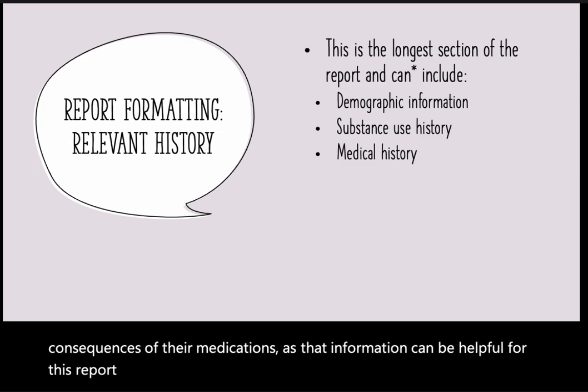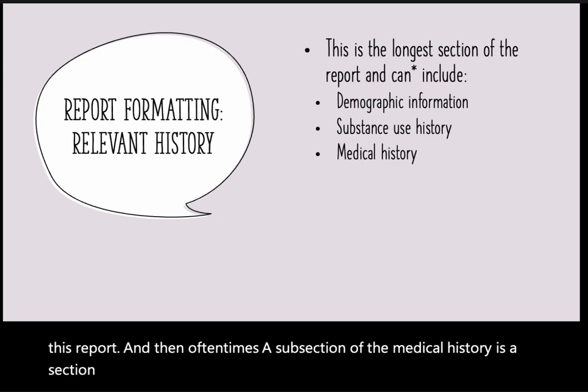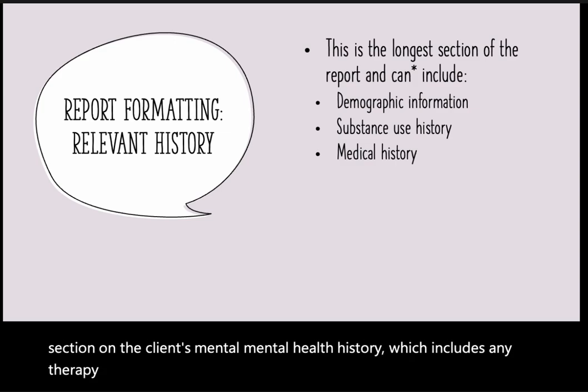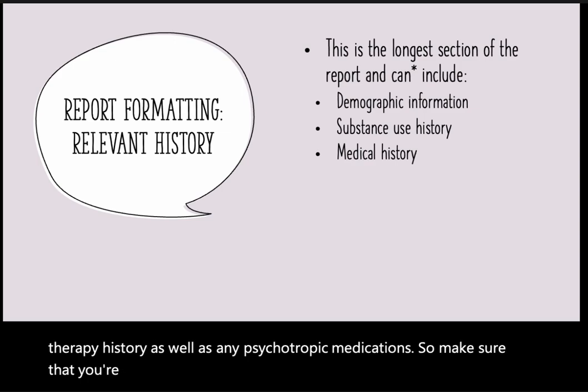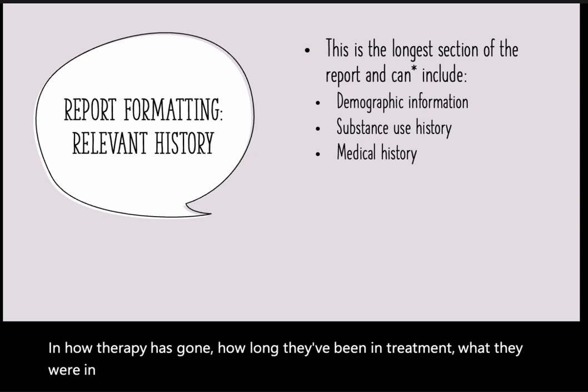And then oftentimes a subsection of the medical history is a section on the client's mental health history, which includes any therapy history as well as any psychotropic medications. So make sure that you're adding in how therapy has gone, how long they've been in treatment, what they were in treatment for, and any medications that they have been on.